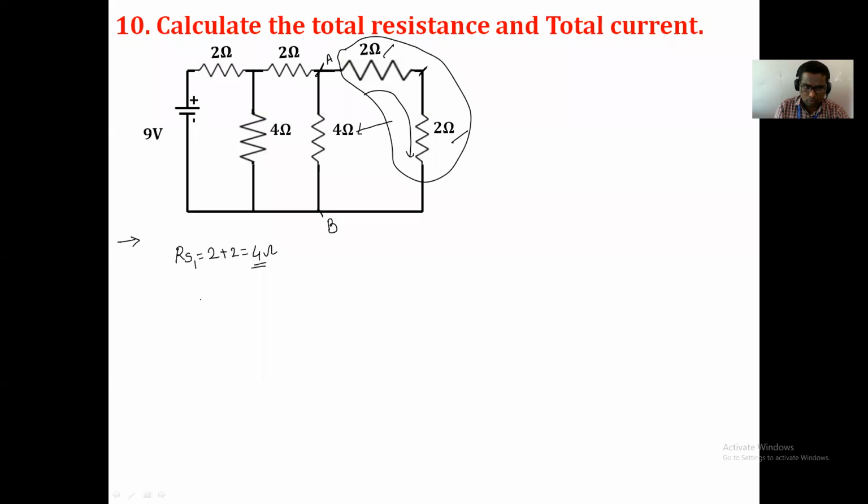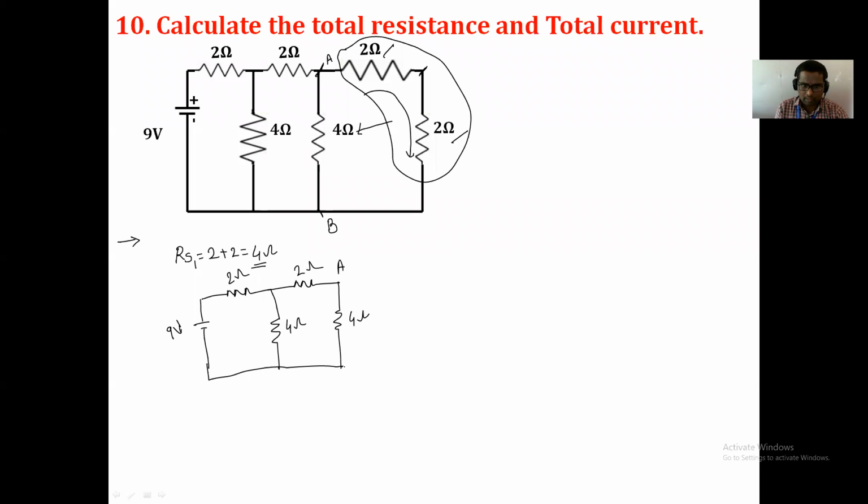Now I can try to draw the remaining circuit diagram by replacing these 2 and 2 with their resultant resistance. Is it right? So here this is a 9-volt battery. This is 2 ohm. This is 2 ohm. This is 4 ohm. This is 4 ohm.